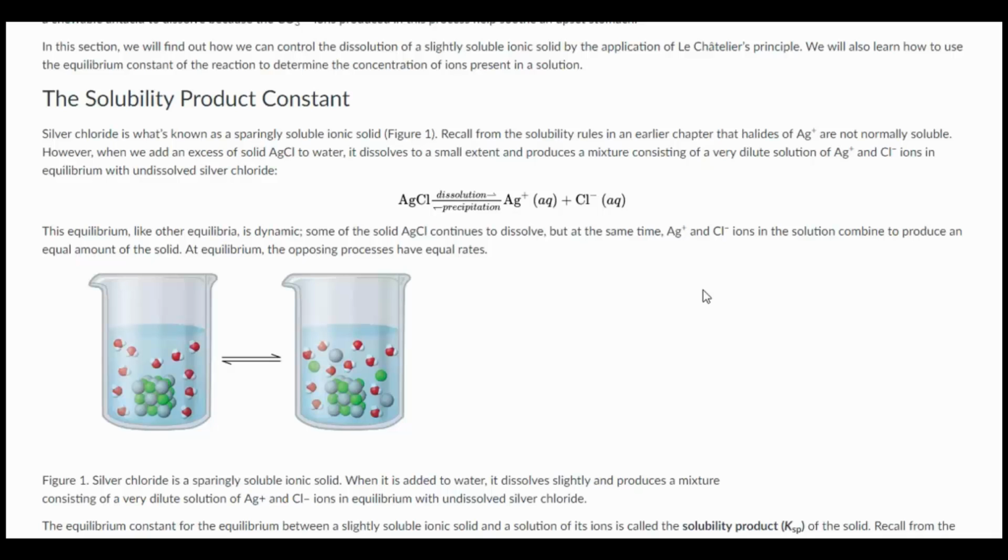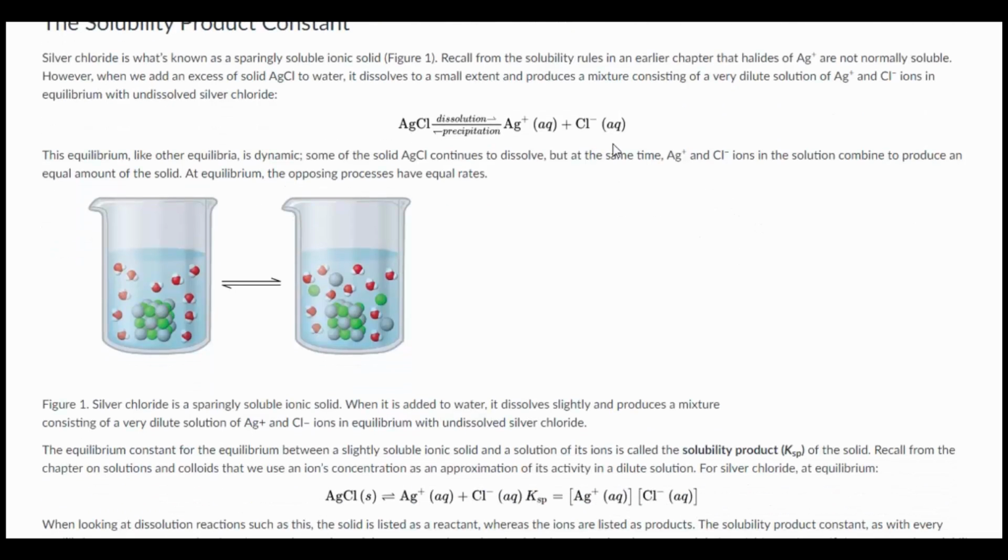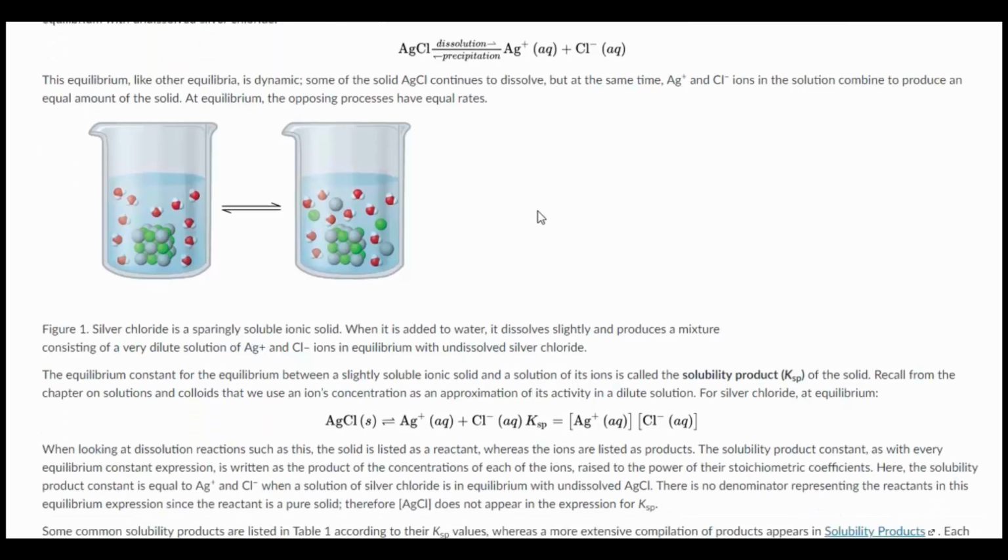For something like silver chloride, it will dissolve just a little bit, and that just a little bit is the solubility product constant, where we have the concentration of the products, in this case the ions, divided by the concentration of the reactants. Because the reactants are water and a solid, then the reactants are just one, so the K value is dependent on the concentration of the products.